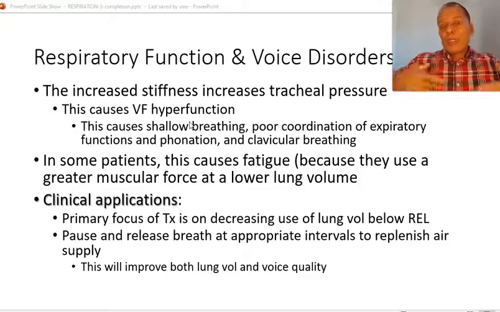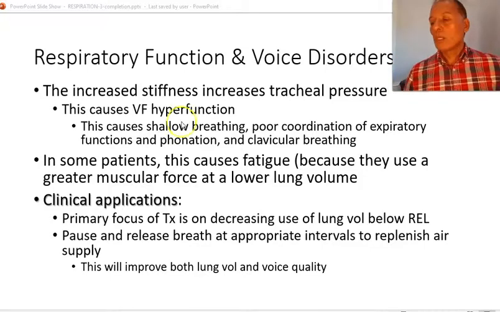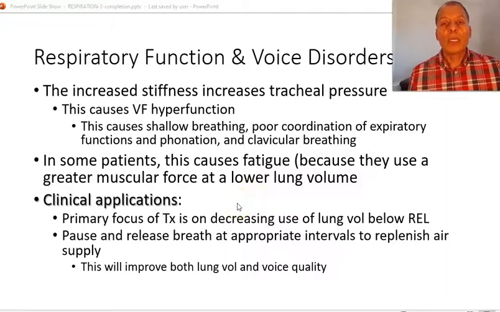So that means up here there is not much room to expand anyway. So clavicular breathing is just going to involve a lot of muscular force and tension, and it will cause the whole area here and the neck muscles to be tense. So in some cases, vocal nodules will also cause fatigue because of the excessive muscular force that they are using.